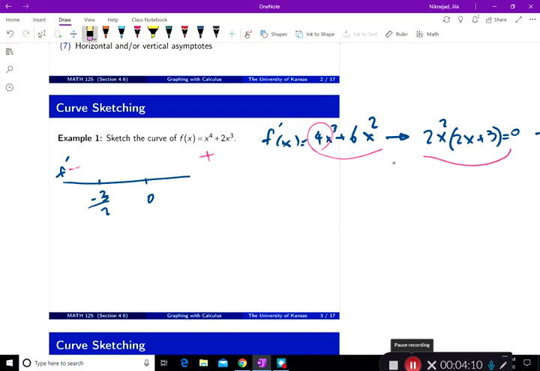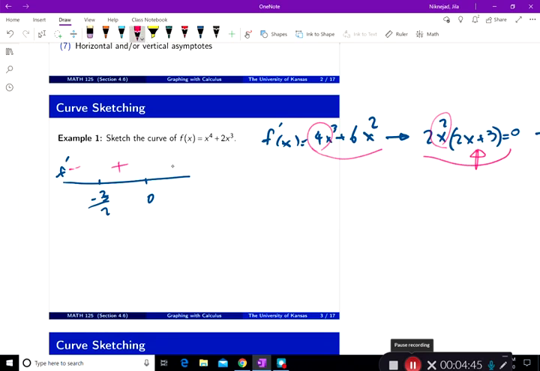Then I'm going to look at the roots. -3/2 comes from this factor, which is of order 1, an odd order. Therefore, the sign changes when I cross over -3/2. But x equal to 0 is of order 2, which is even, and the sign does not change. So I already had set that one up correctly.